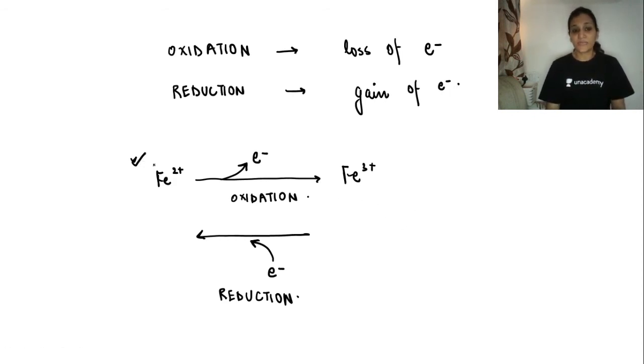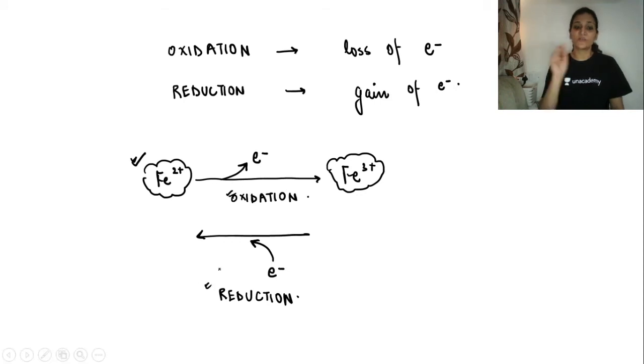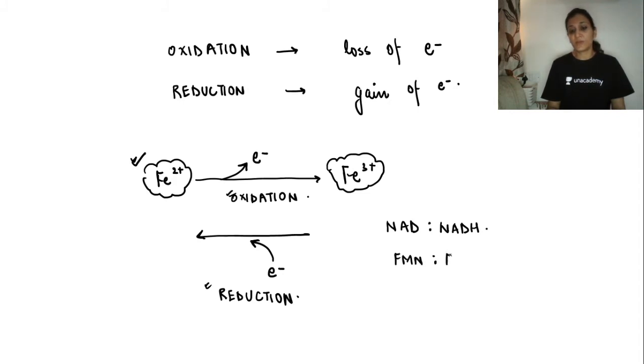Now, apart from iron, we need to know what other things are in combination in the process of oxidation and reduction. NAD is for NADH, FMN is for FMNH2, FAD is for FADH2.